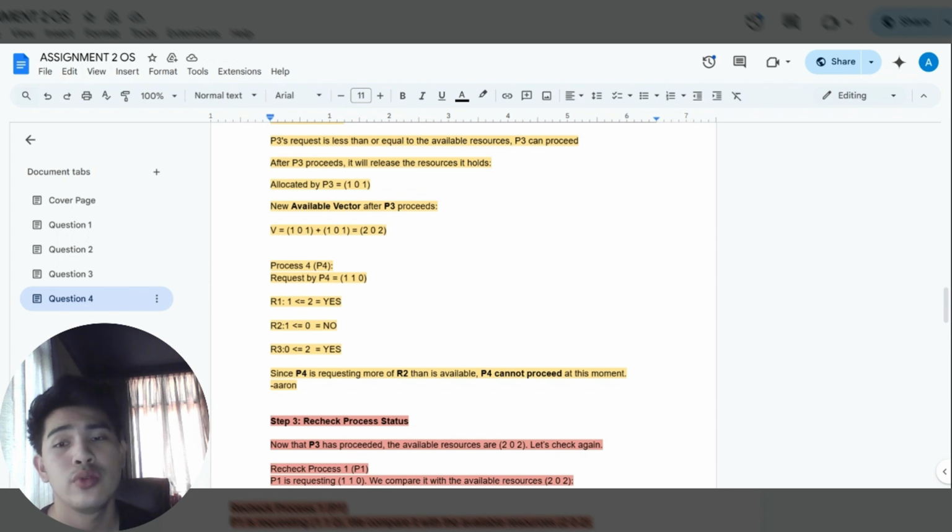So no, process 4 cannot proceed because there are not enough resources to fulfill the requirements of process 4. So P4 cannot proceed at this moment. However, if there are other processes, we have to reevaluate process 4 at a later time.